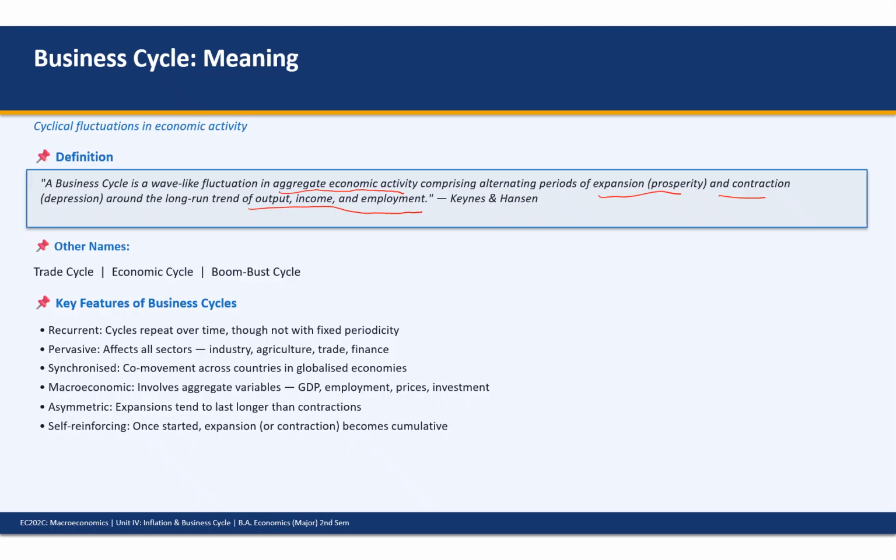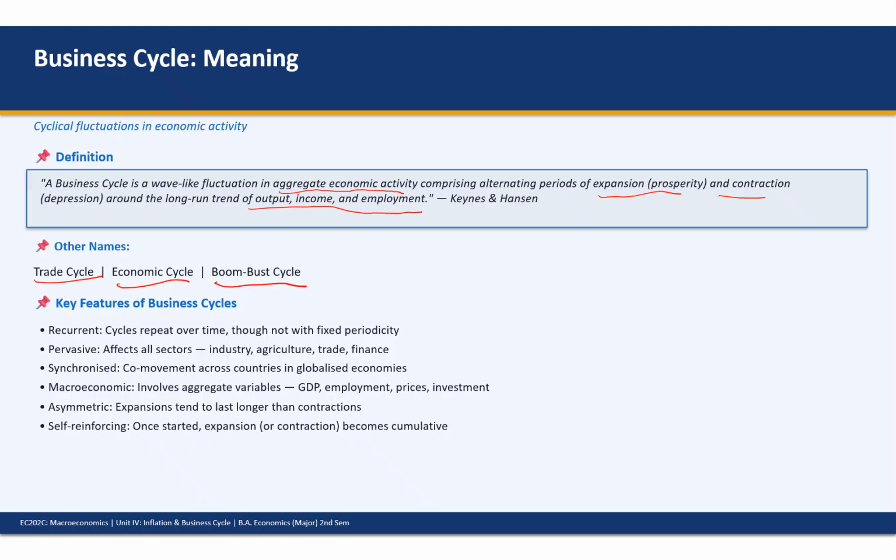It expands for a period, it reaches a peak, then slows down, and later enters a downturn before recovery begins again. So, this cycle is also known as trade cycle, economic cycle, or boom and bust cycle.